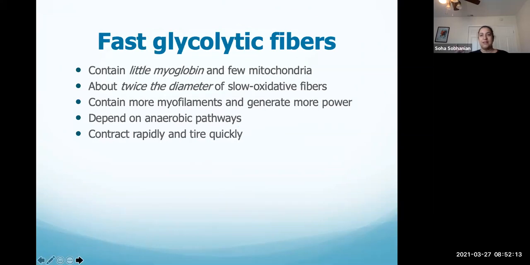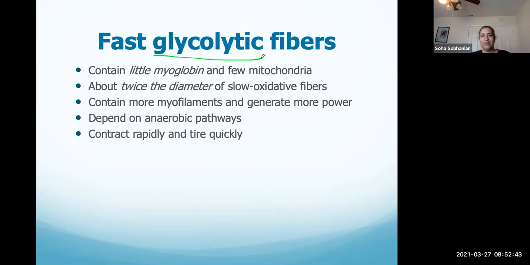The next type of muscle that we have is fast glycolytic. So again, think about the words first. Don't say, oh, I can't figure this out, I'm done. They contain little myoglobin and few mitochondria, right? Because both of these mean what? If I have myoglobin and mitochondria, what do those two immediately trigger for you? That I need oxygen, correct. But I'm saying glycolytic, which means no oxygen, right?